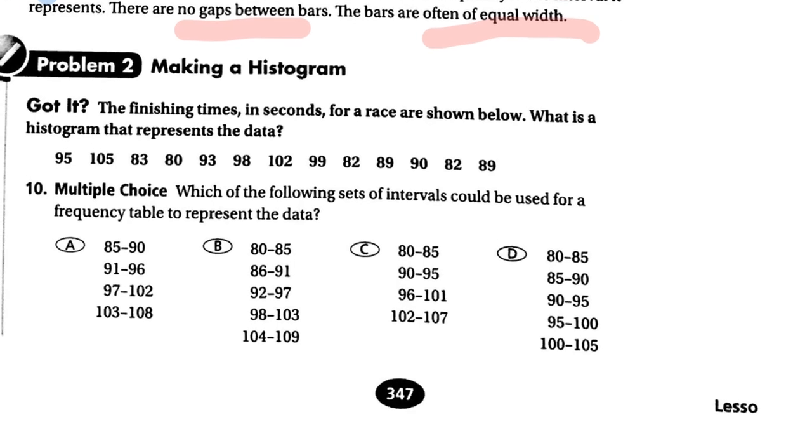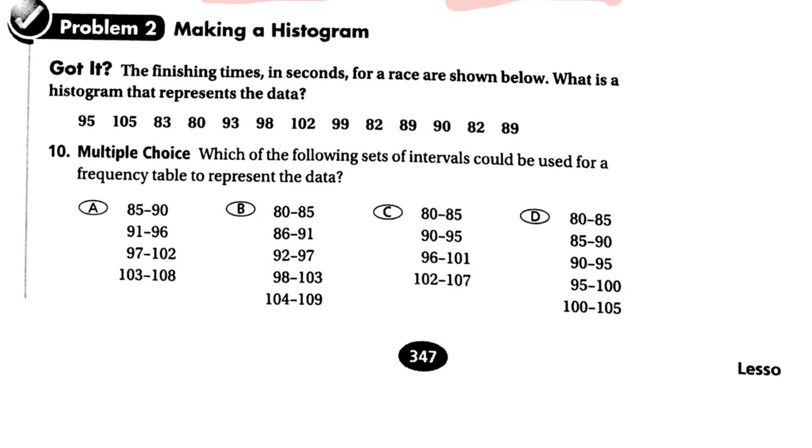If we look down here at problem number 2, making a histogram, it says the finishing times in seconds for a race are shown below. What is a histogram that represents the data? Right now, again, we have a set of data points. If we look here, the maximum value is 105, and the minimum value is 80.